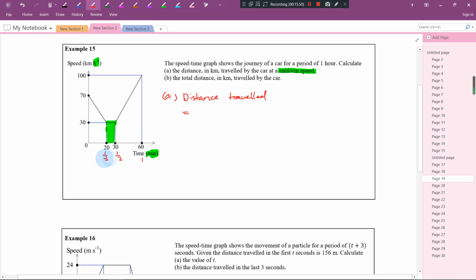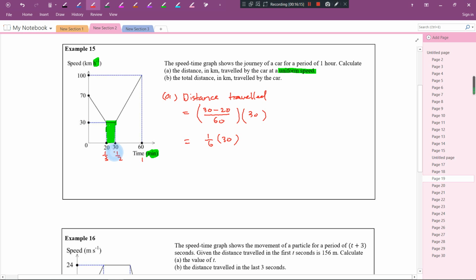So some students, they don't want to do this way. You can just take 30 minus 20, but you remember to convert it become hours. You need to divide it by 60, and you will get this part. And then you have to times 30. So this will give you 10 over 60, which is 1 over 6.